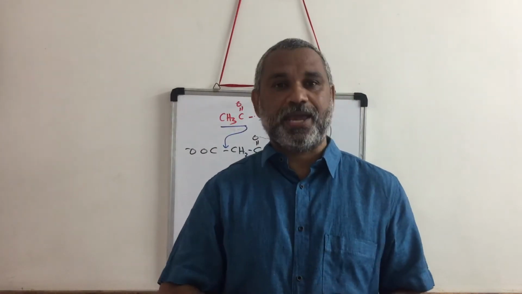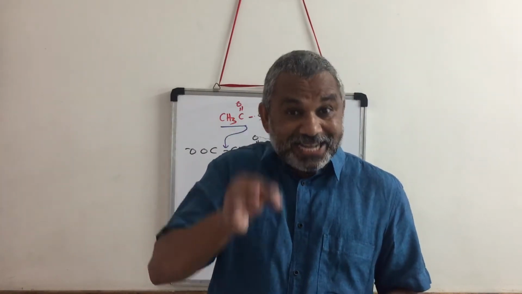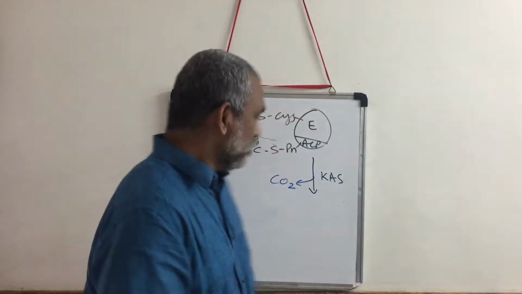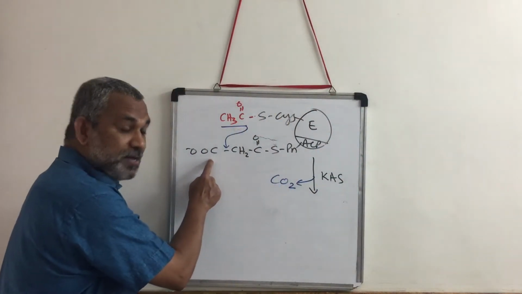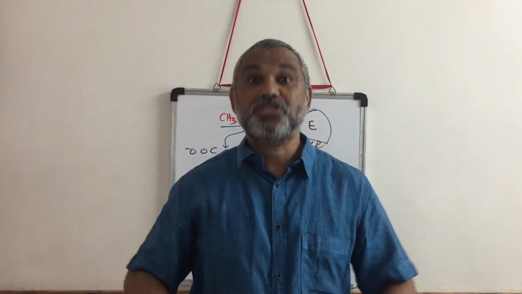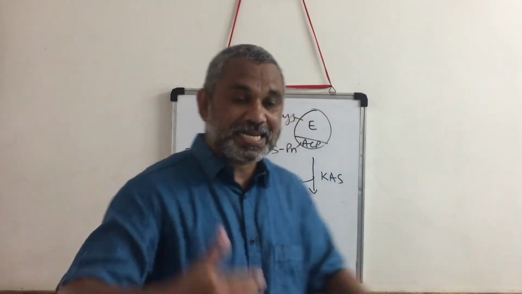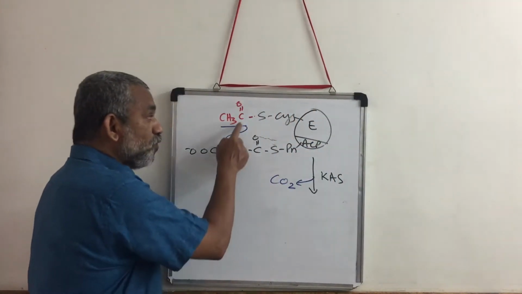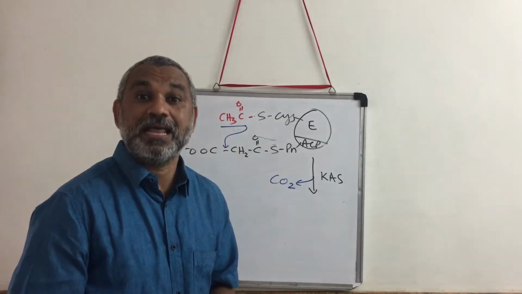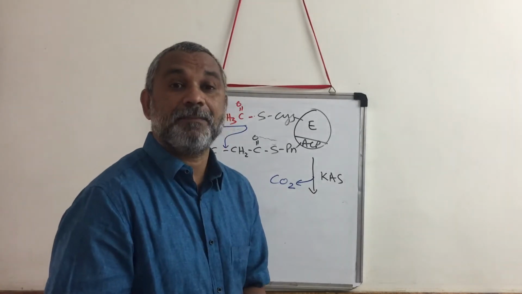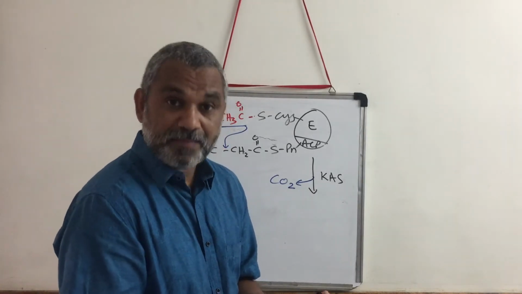Remember, when we were making malonyl-CoA, we invested energy in the form of ATP to link this carbon-carbon. At that time we mentioned that CO2 may be acting as a facilitator of a reaction where this energy is now utilized for formation of another linkage. And that is catalyzed by the third enzyme in domain number 1.